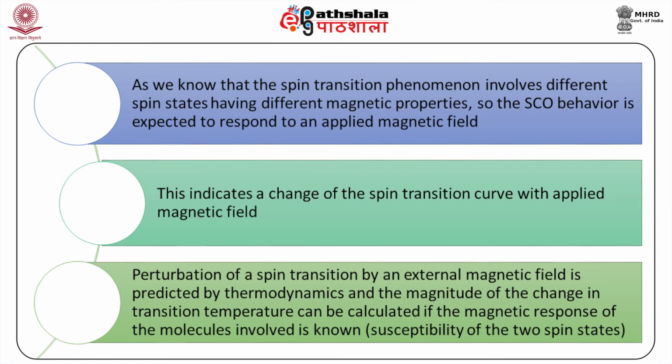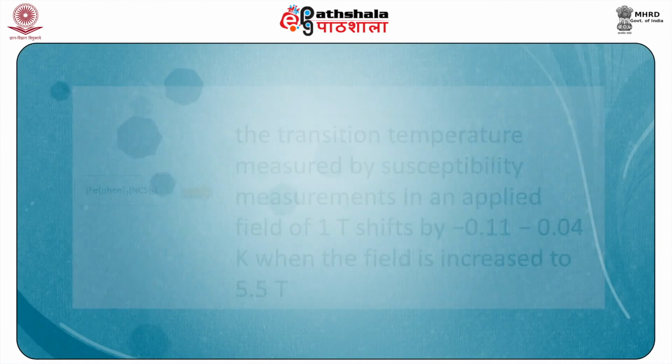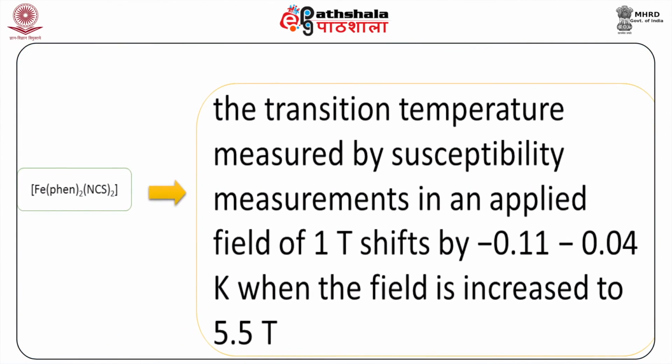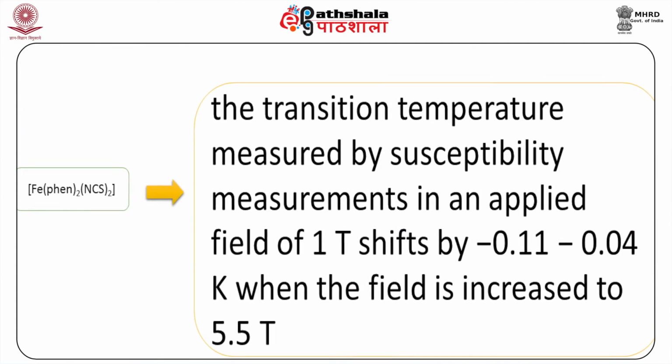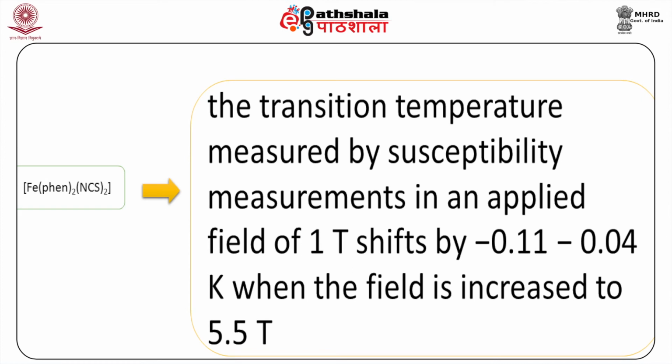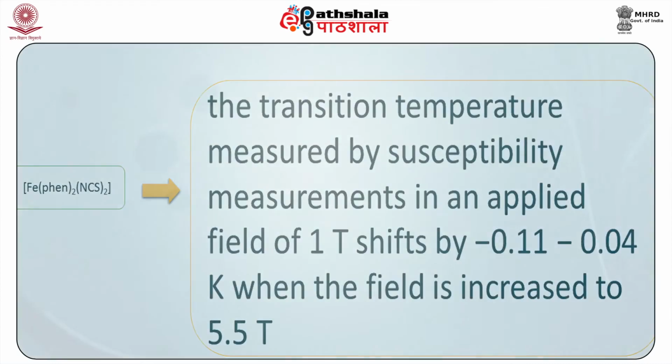An experiment with a sample of a complex shows that the transition temperature measured by susceptibility measurements in an applied field of 1 Tesla shifted by minus 0.112 to 0.04 Kelvin when the field is increased to 5.5 Tesla.